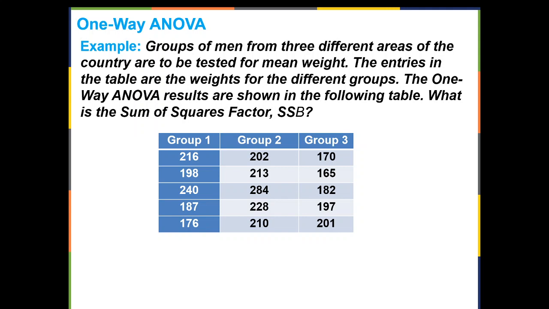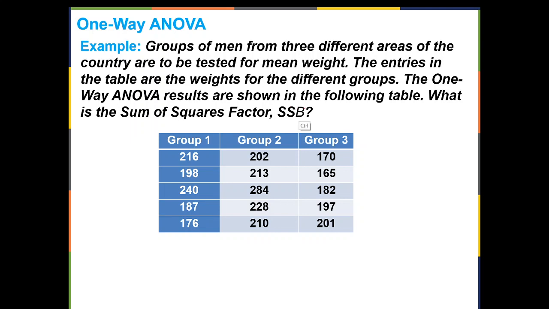Okay, so here's another example again. Groups of men from 3 different areas of the country are to be tested for mean weight. So the entries in the table are weights for different groups in different regions. So this is the weights of a bunch of men here, here, and here. So the question is, what is the sum of the squares factor?